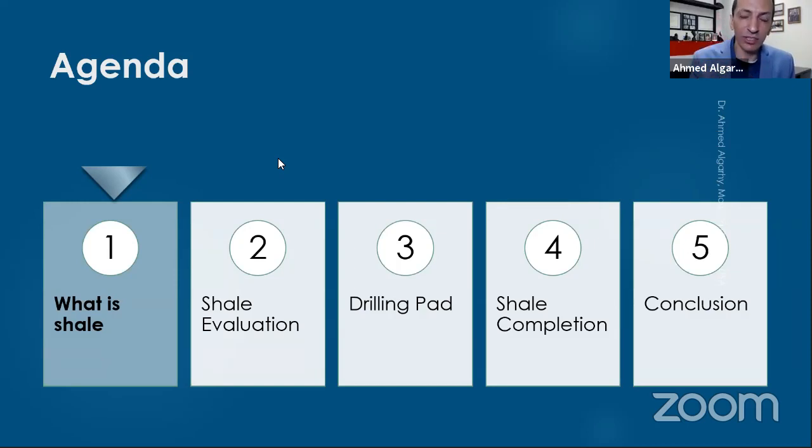Whenever you have high resistivity, it is a good sign of having hydrocarbon. Maybe you have high resistivity just because you don't have any porosity. But when you check the neutron and density and you know that you have good porosity, it means there's only one chance: you have hydrocarbon inside the shale.